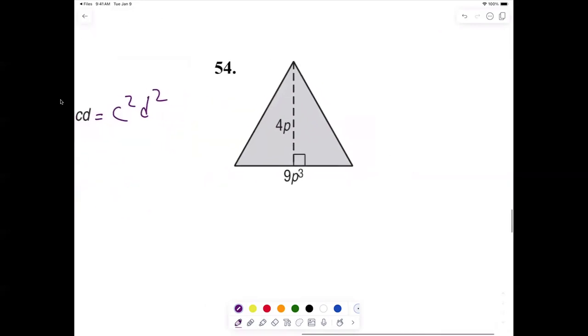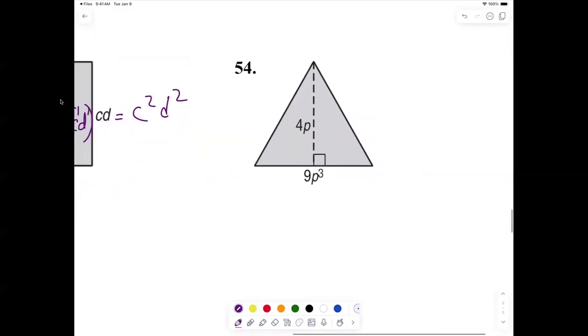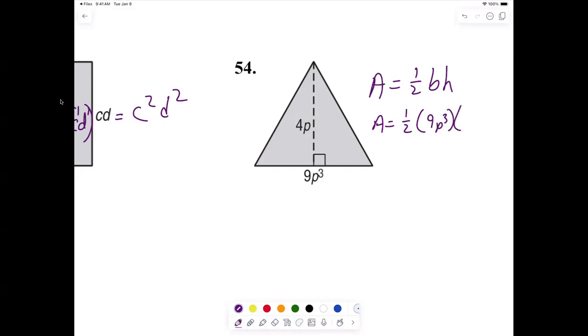All right, 54. What's the area of a triangle? Do you remember? Yes, you can say half times length times width, or we say base times height. So in this case, area, what's the base? 9p3. What's the height?